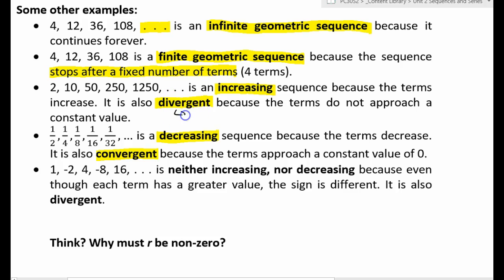Okay, so divergent means the difference is getting larger, and so it's not approaching a constant value. Convergent means the difference is approaching this constant value, so it's getting smaller.